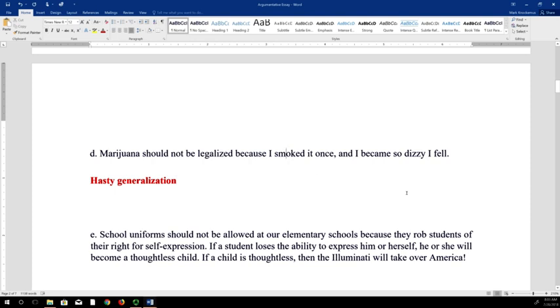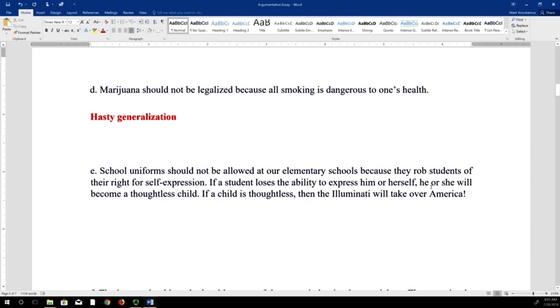No, just kidding, y'all. We have to come up with a reason. Marijuana should not be legalized because all smoking is dangerous to one's health. That's a reason.